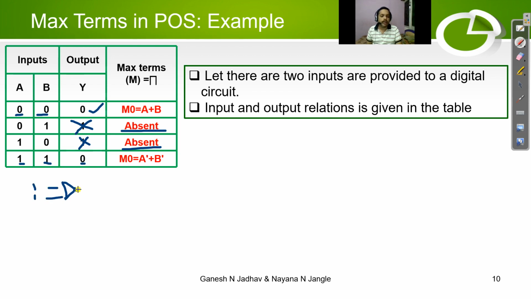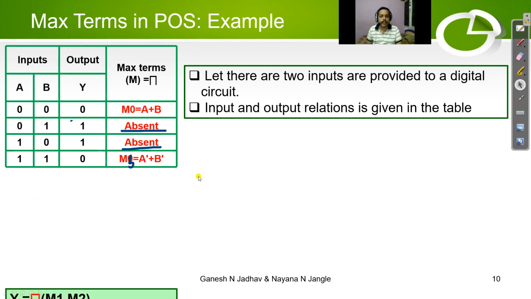So I have to take the complement of these two, that is A dash plus B dash. Here it is M0, and this is M3 term. Likewise, I have prepared which terms are present and which terms are absent in the max terms form.